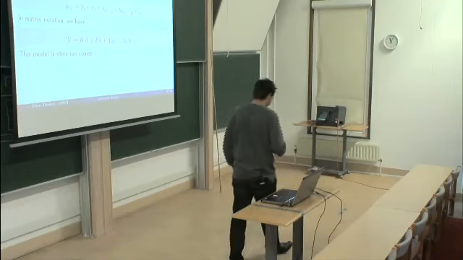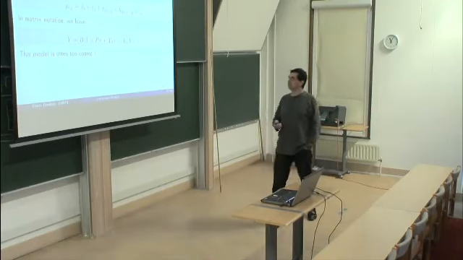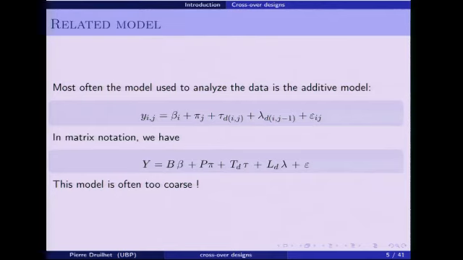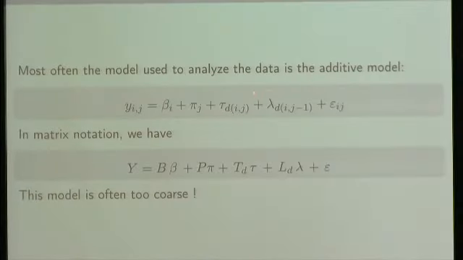Usually the related model is an additive model, where you assume that the response on the subject i and period j is the sum of a block effect, a period effect, a treatment effect, where d(i,j) is the treatment applied to the subject i on the period j, and a carryover effect, which is a residual effect of the treatment which was applied in the previous period, and some errors that we will assume uncorrelated and with mean 0.